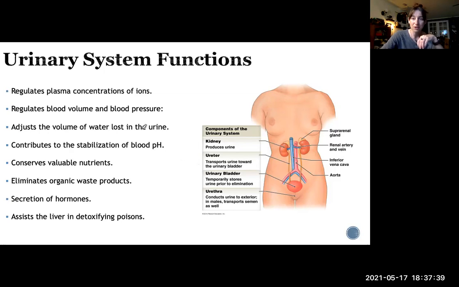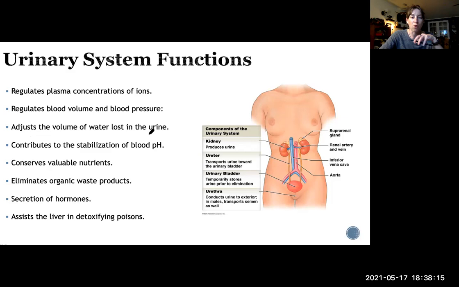But it also, while doing that, by picking and choosing what it decides to put into the urine, is going to help to regulate the concentration of ions in your blood plasma. It's going to regulate your blood volume by controlling the amount of water that it takes out, which is going to affect your blood pressure, right? The more blood volume you have, the higher your blood pressure is. So your kidneys are very important in maintaining healthy blood pressure.